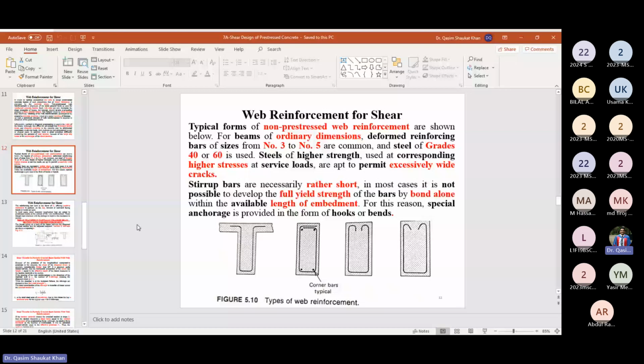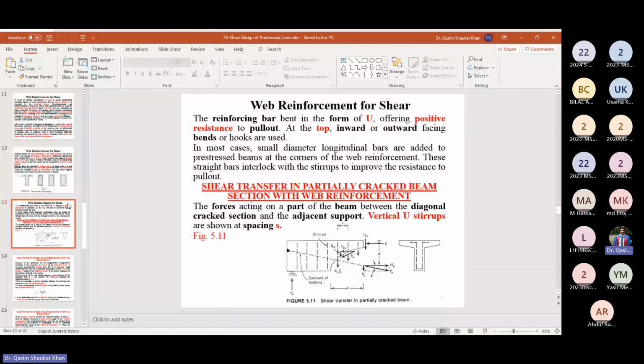So the reinforcing bar bent in the form of U offers positive resistance to the pull out at the top. Inward or outward facing bends or hooks are used. In most cases, smaller diameter longitudinal bars are added to the pre-stressed beams at the corners of the web reinforcement.